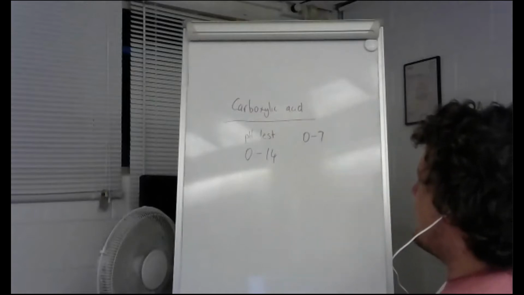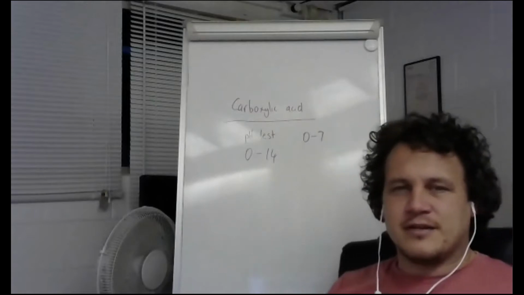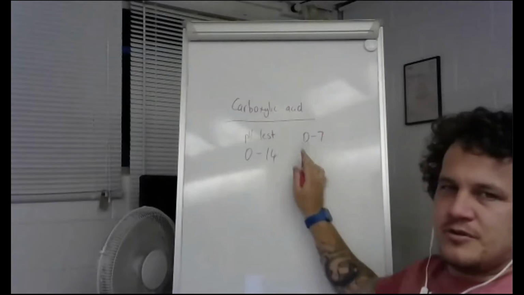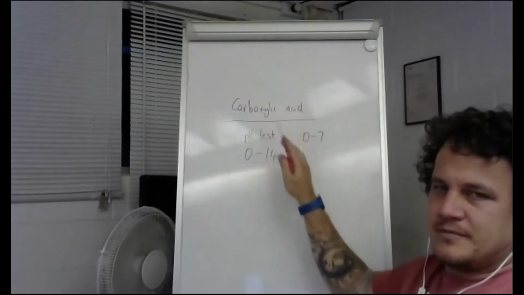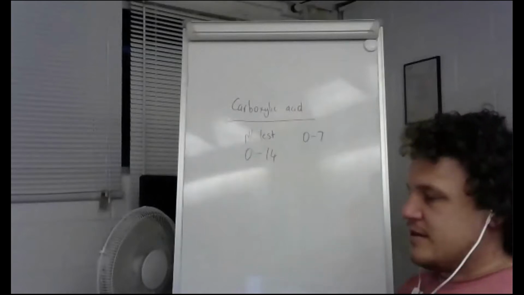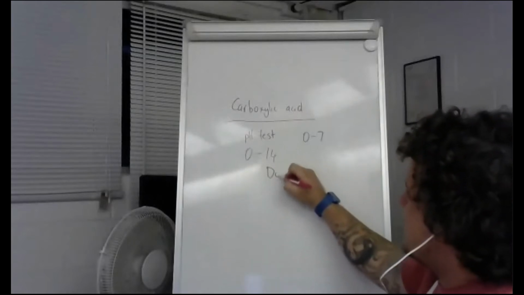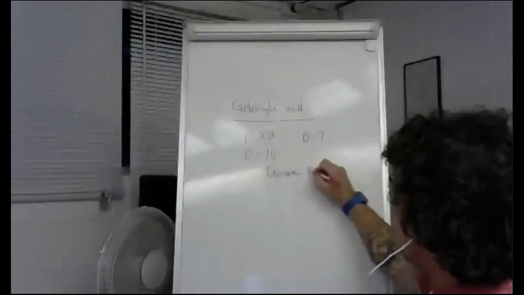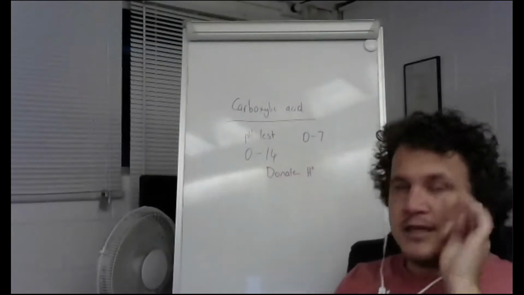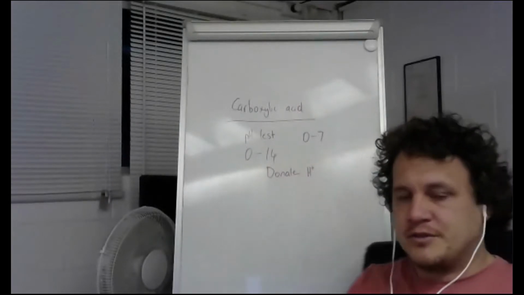If you have an organic compound that you don't know what it is, and you test it, and it's pH 4, you know it's an acid. Because carboxylic acids donate H+ into the solution. So that hydrogen on the end is donated into the solution.